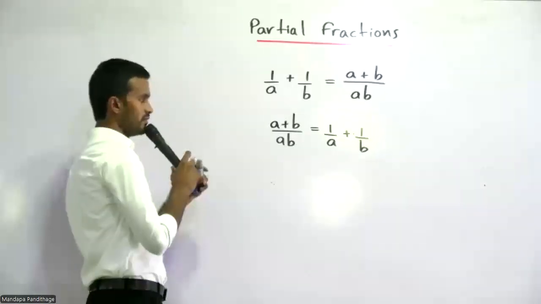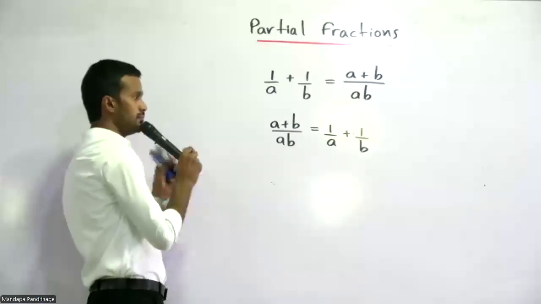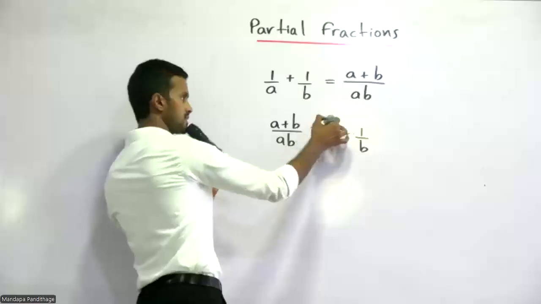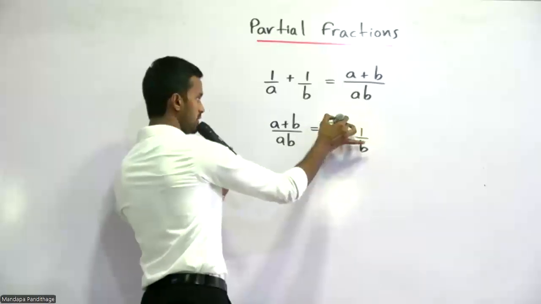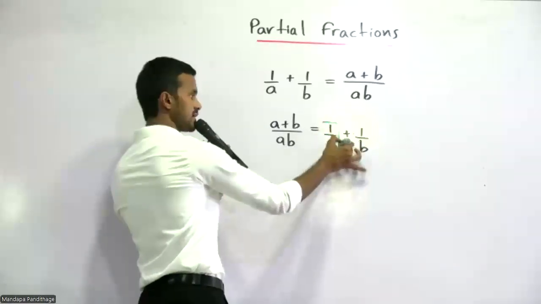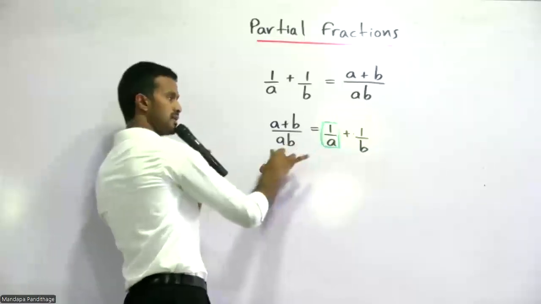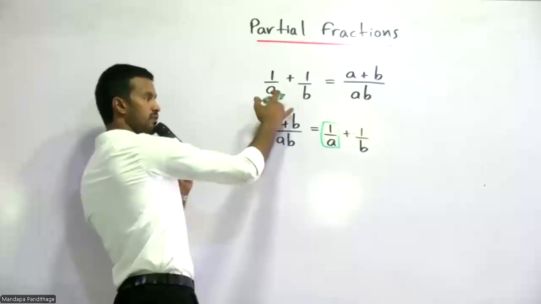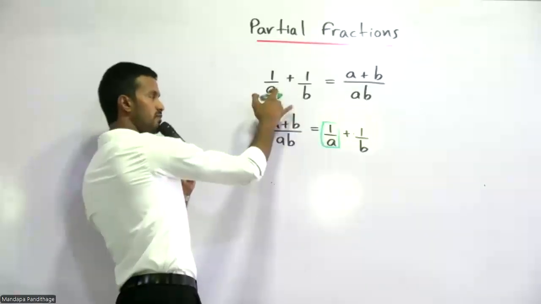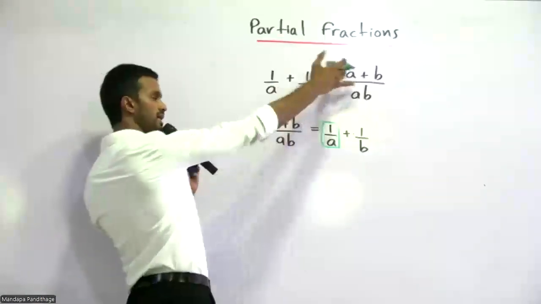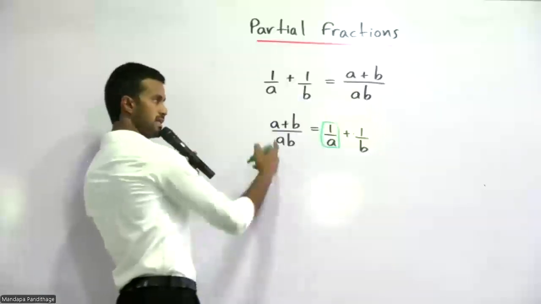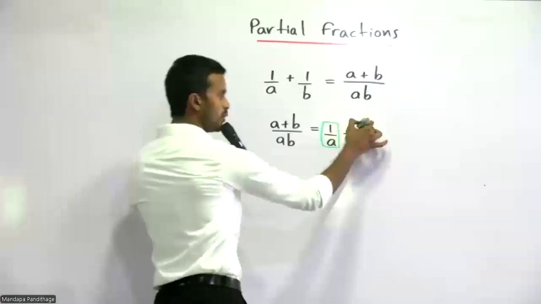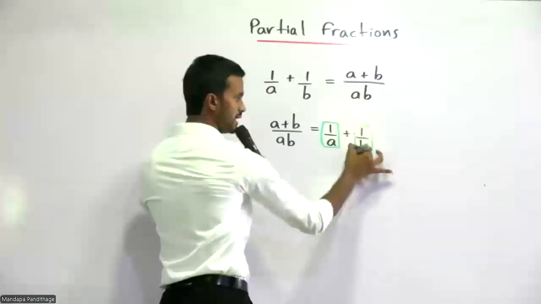So when we break down a particular fraction to the initial fractions that the original fraction was made of, what did I mention? When we add 1 over a and 1 over b, I get this answer, which means a plus b over ab is made of 1 over a plus 1 over b.